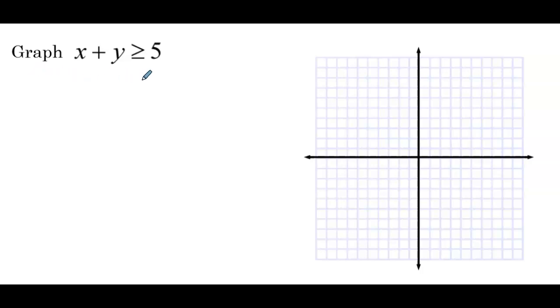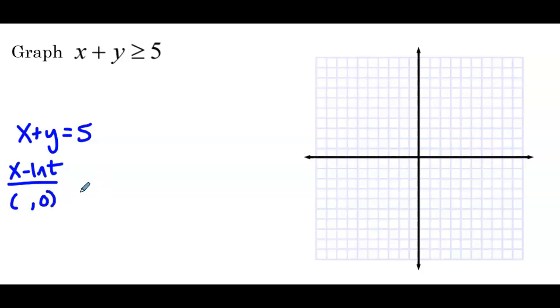Graph x plus y is greater than or equal to 5. First thing we're going to do is graph the line x plus y equals 5, which is in standard form. So we'll find the x and the y-intercept. The x-intercept is the point whose y-coordinate is 0. So we'd have x plus 0 equals 5, x equals 5.